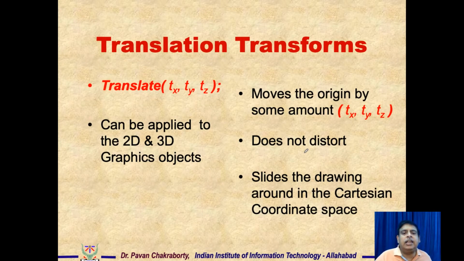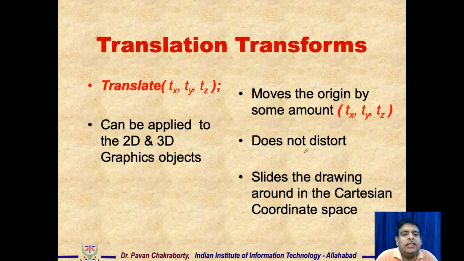The translation transformation: translation by tx, ty, and tz in 3 dimensions. This could be in 2 dimensions a translation in tx and ty only. In my previous example, the object was translated only in 2 dimensions. The 3rd dimension was not translated, but there was a rotation around the z-axis.